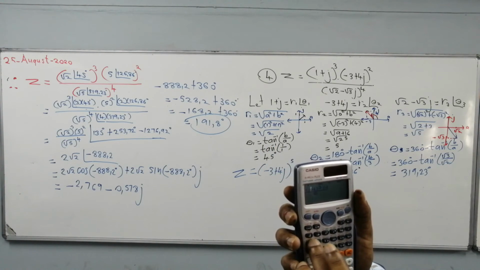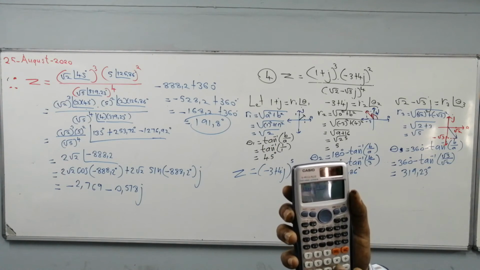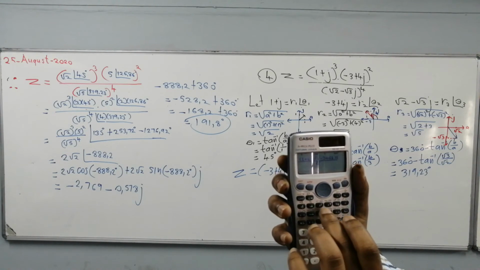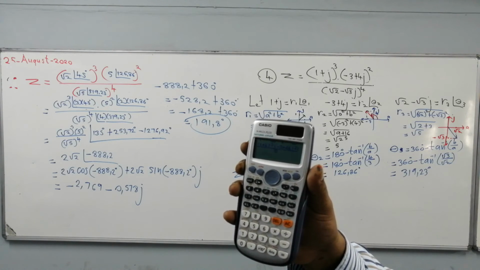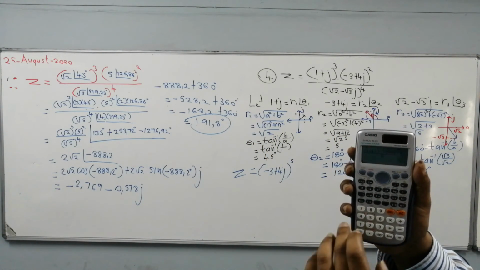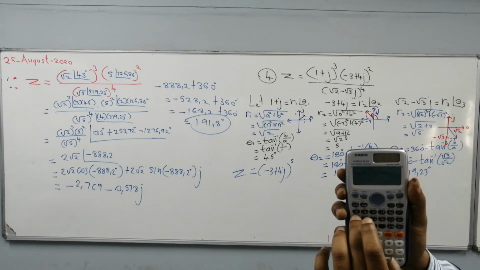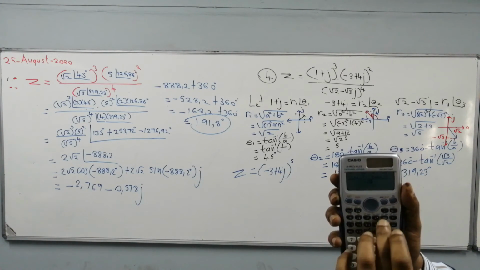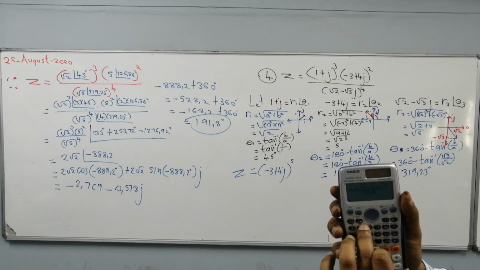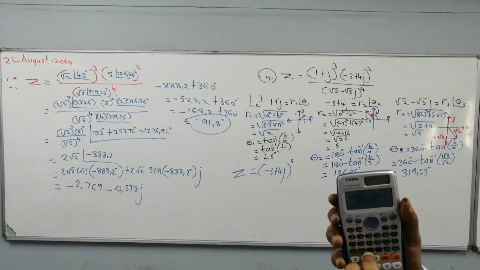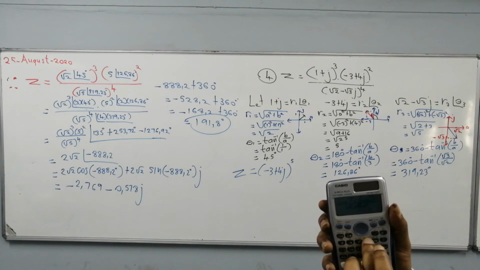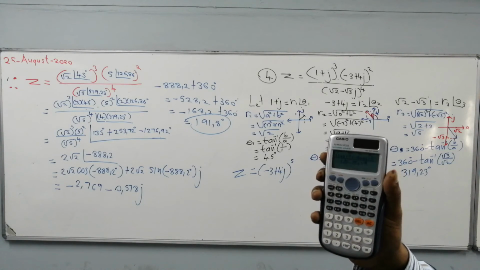Then I have minus 3 plus 4j, all raised to the power 2, so that's my square there, and in the denominator I have square root 2 minus square root 3 j, closed bracket, raised to the power 4. So this is what I have done now.